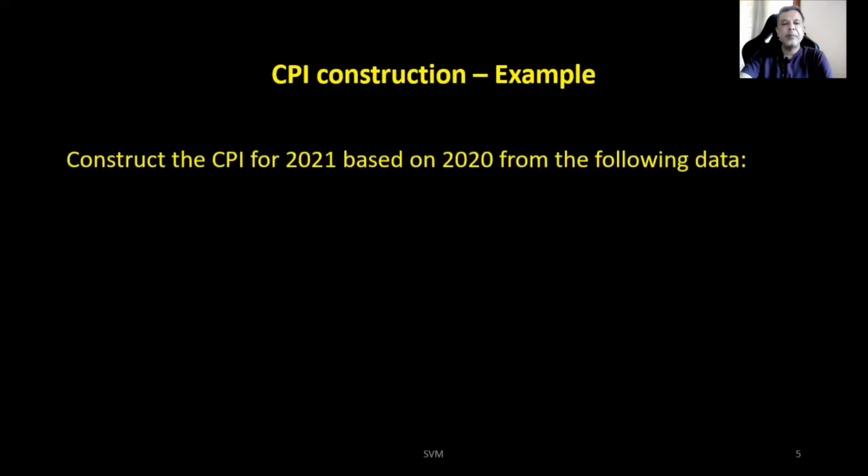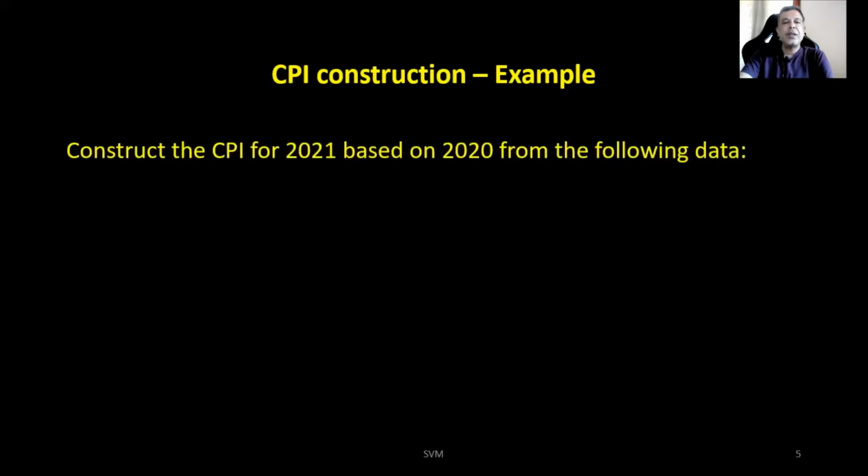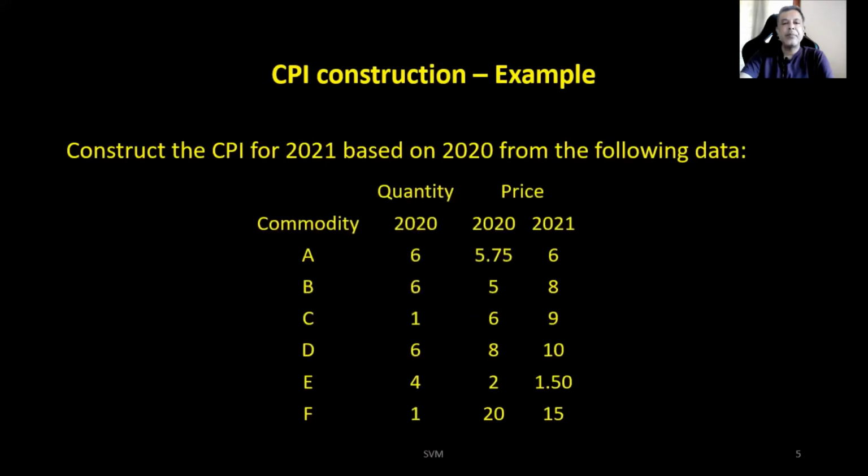Now let us understand how we construct CPI using a numerical example. Construct the CPI for the year 2021 based on 2020 from the following data. So this is the data. There are commodities A to F, and the base year's quantity is given here, and the base year's price as well as the current year's price is also given.